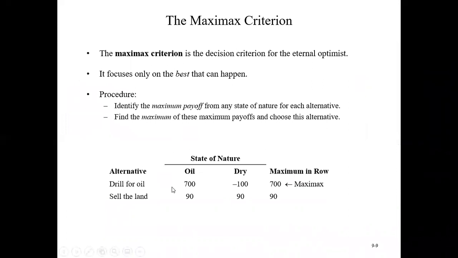If we decide to sell the tract of land, the maximum that they would receive would be $90,000. So the Maximax approach is very simple in that it just looks at the best possible alternative. Let's choose that alternative as the one we assume is our most probable outcome, and make a decision that we're going to drill for oil.